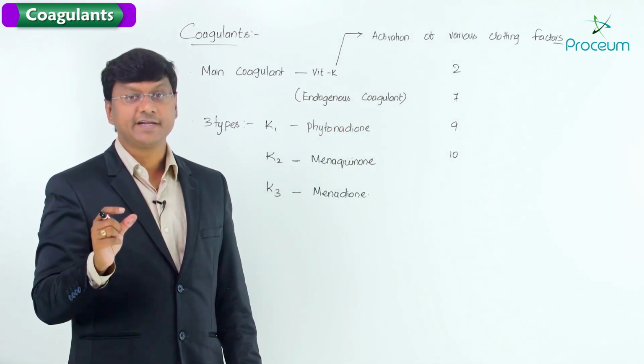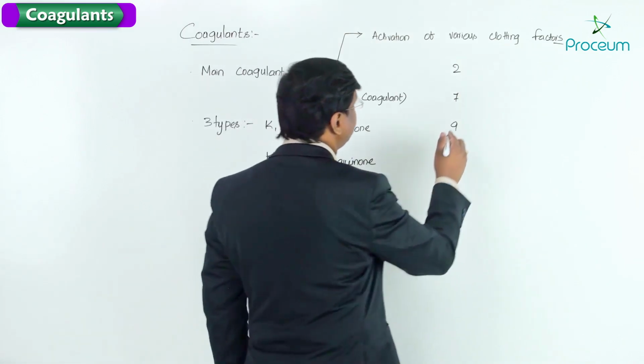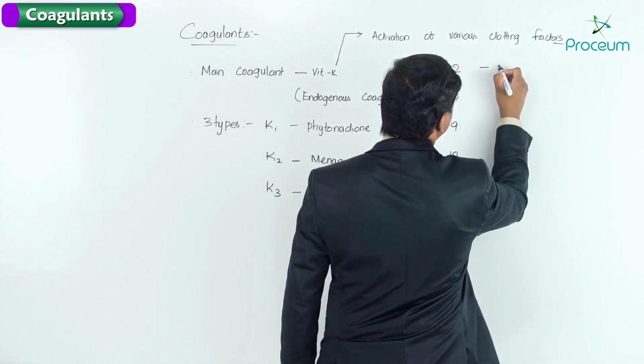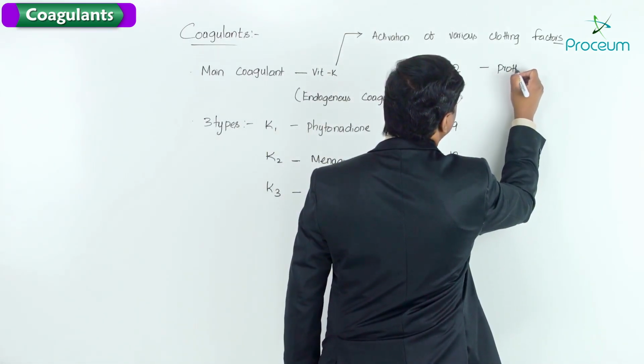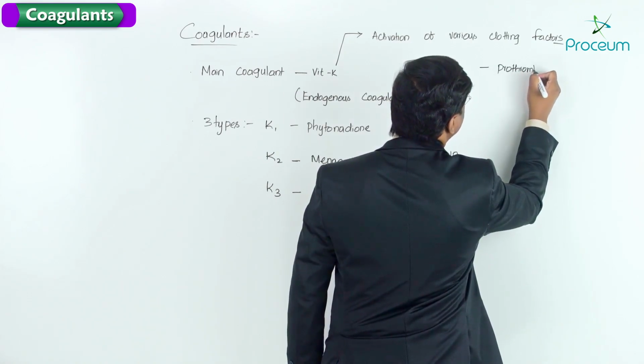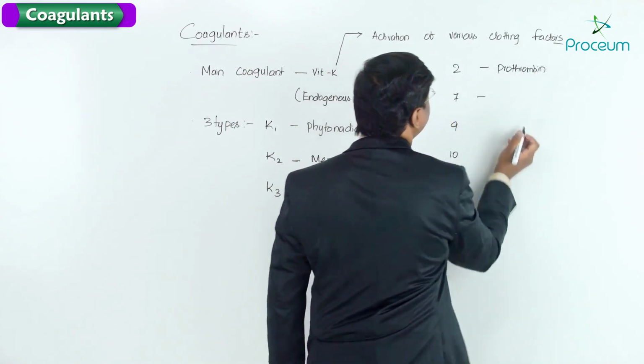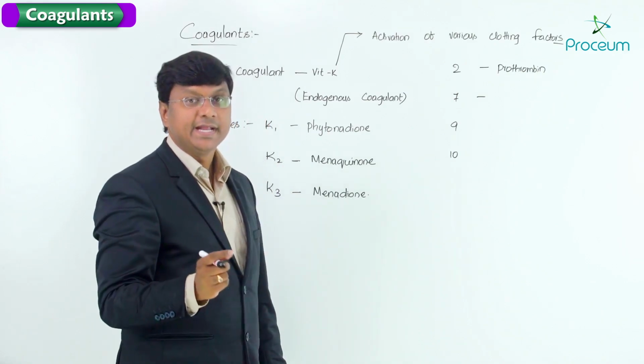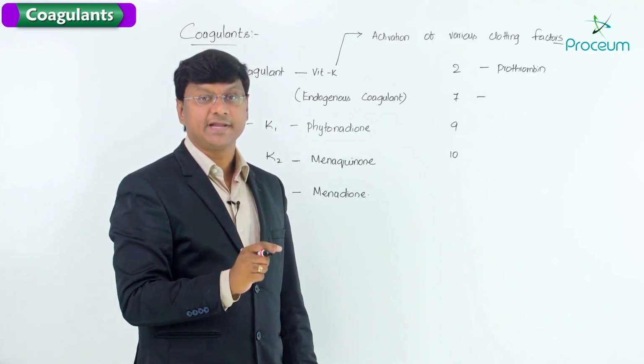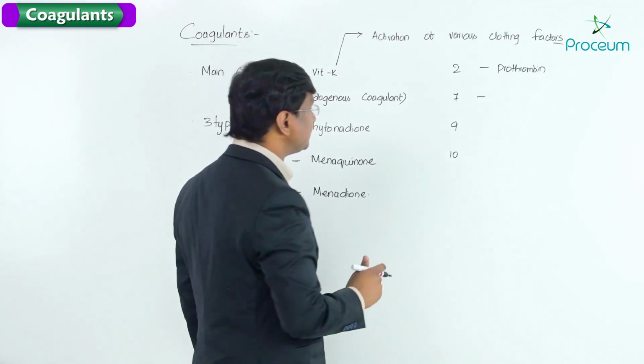You take factor number 2. Factor number 2 is prothrombin. So for activation of factor number 2, we require vitamin K. And it is also required for activation of factor number 7.